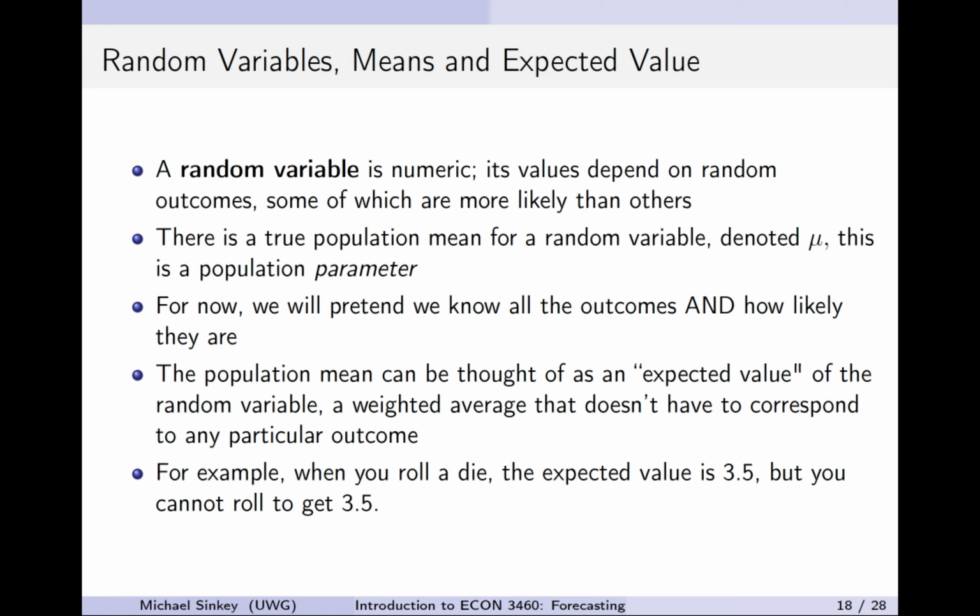So let's go back to the idea of the random variable. It's numeric, its values depend on a random outcome, some of which may be more likely than others. There is a true population mean for the random variable denoted mu. So we're thinking right now in terms of the random variable as being a feature of a particular population.